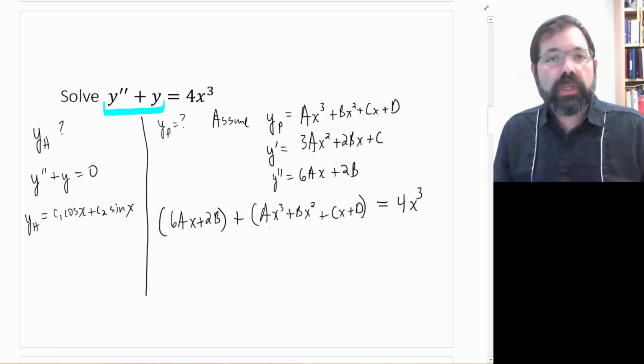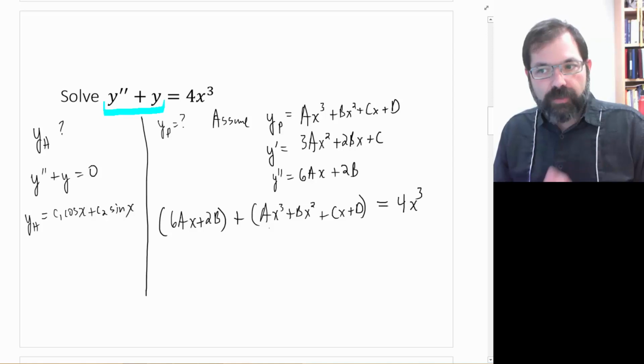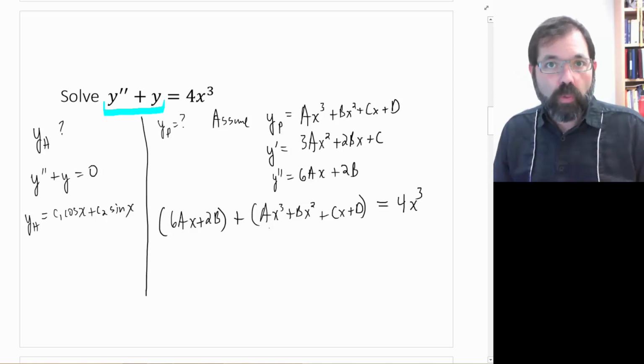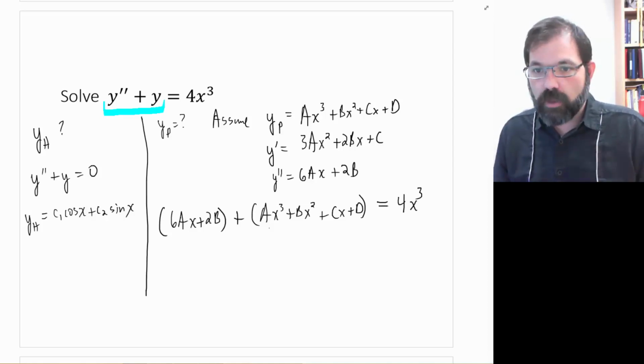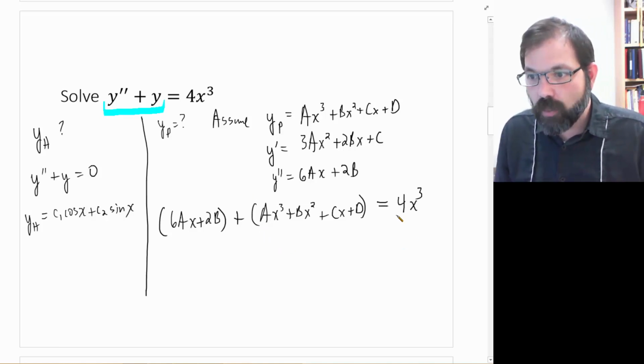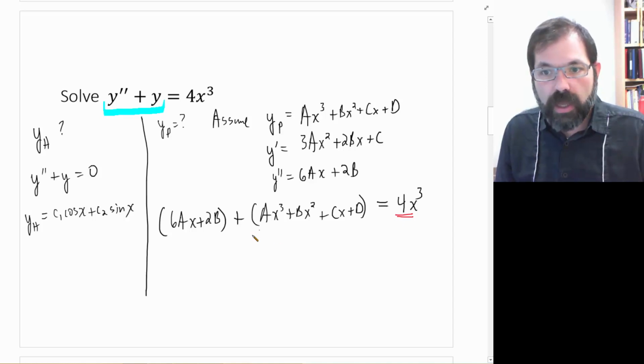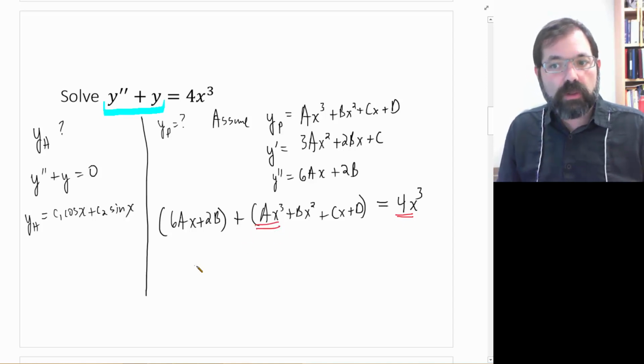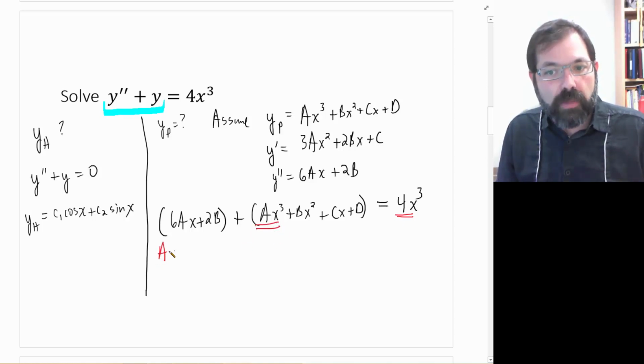Now we look at both sides of this equation, and we have to make the coefficients work. Let's focus on the x cubed. I've got 4x cubed on the right, and ax cubed on the left. So a must equal 4.